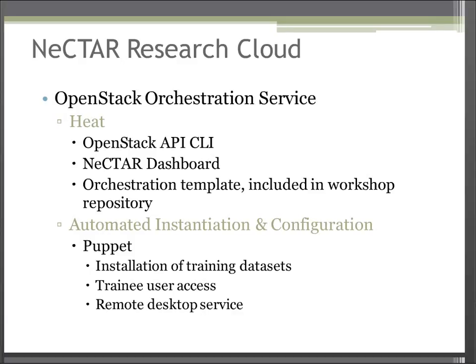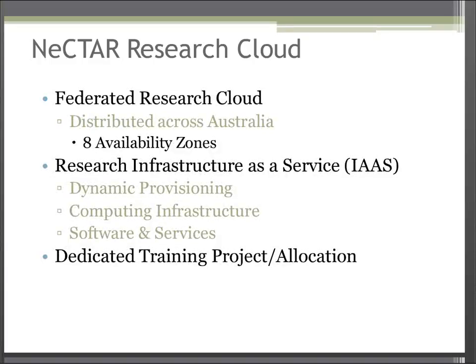The NECTAR Research Cloud allows a user or an organizer in Australia to distribute the training instances across multiple availability zones. But most of the time, we choose the availability zone closest to the training environment where the workshop is going to be held. It's a dynamic provisioning service that allows a user to request allocations and use their allocations on demand, with minimal expertise in system administration.